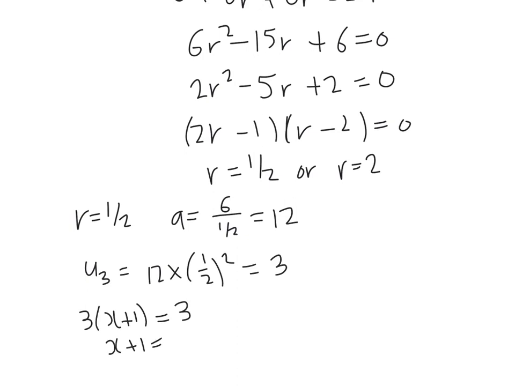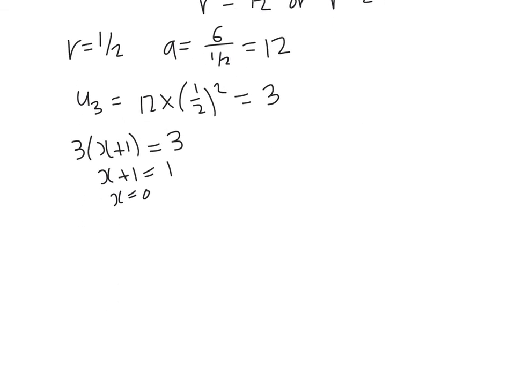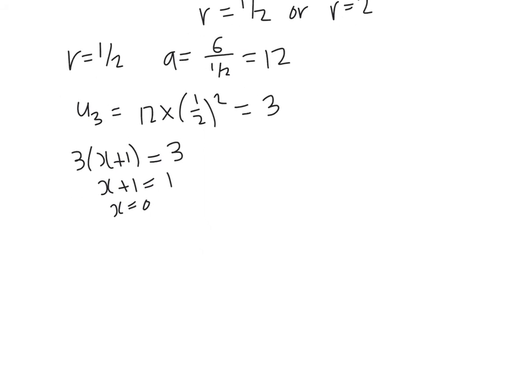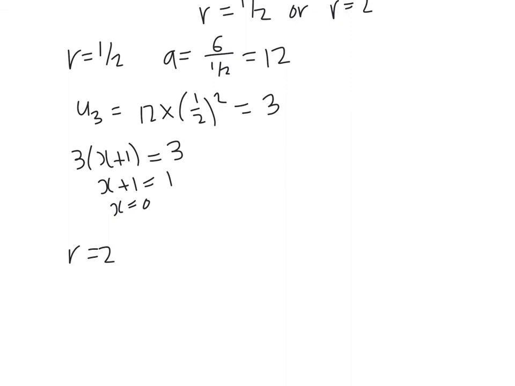So x plus 1 would be equal to 1, and x would be 0. That's one possibility. The other possibility is that r is equal to 2. So if r was 2, the first term is 6 divided by r, and 6 divided by 2 is 3.